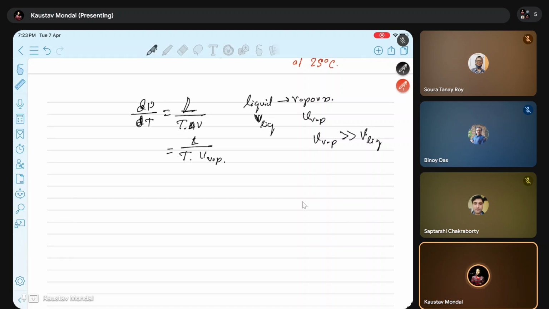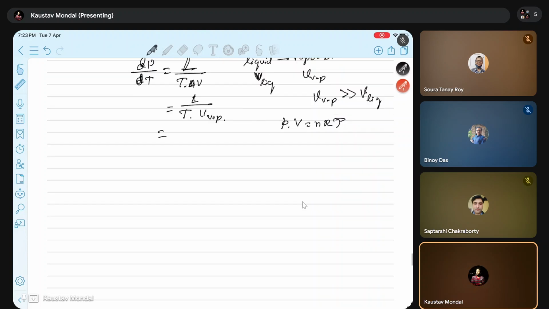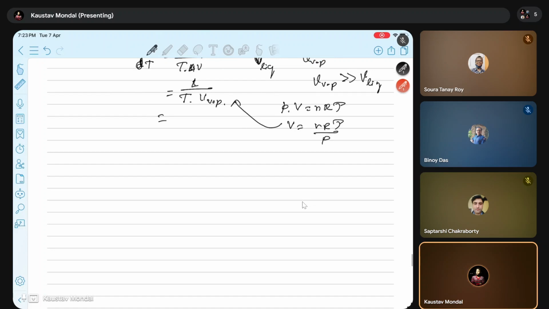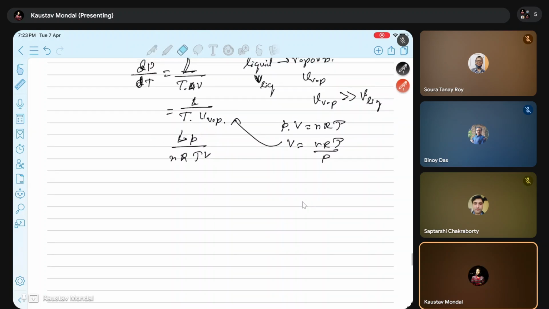You already know PV equals nRT. We consider it as an ideal gas, so V you can write as nRT by P. Substituting this here, dP by dT equals L P by nRT square.